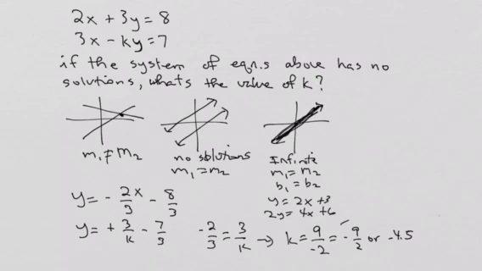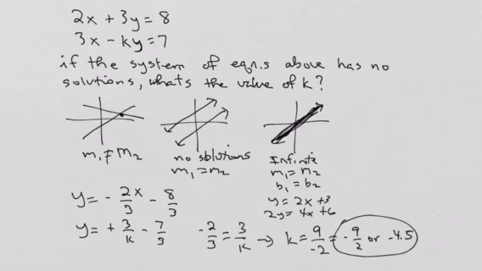And the SAT is perfectly capable of making you find the slope of a line being a nasty number like negative 4.5 or negative 9.9 over 2.